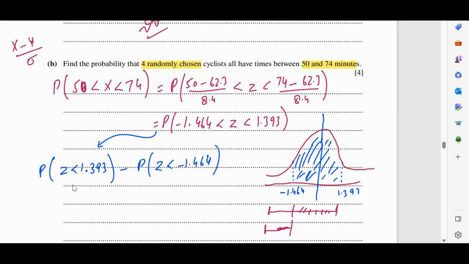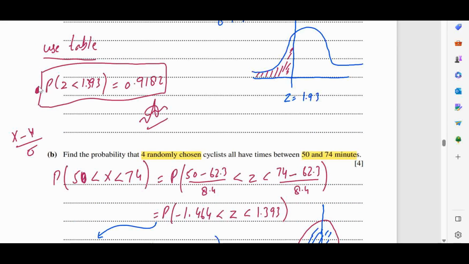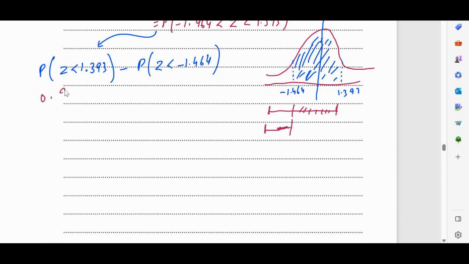So now we can use the table. For z equal to 1.393, we found it in the previous part, that was 0.9182. Now we can write the other one as 1 minus probability of z less than 1.464, because of symmetry.